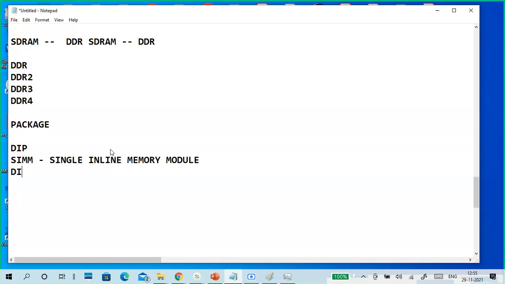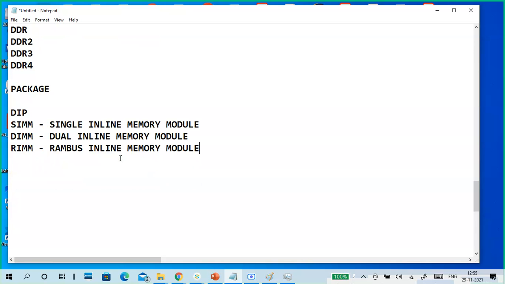This is DIMM, dual inline memory module. Another one is RIMM, Rambus inline memory module. So these are the different types of modules.